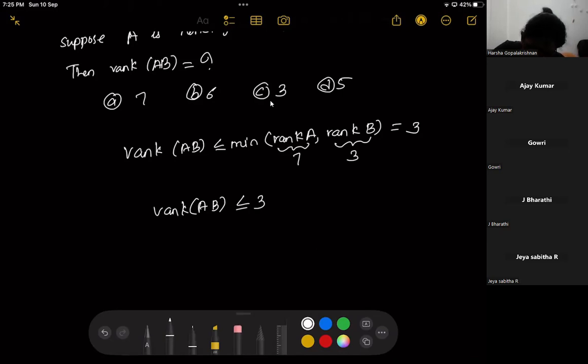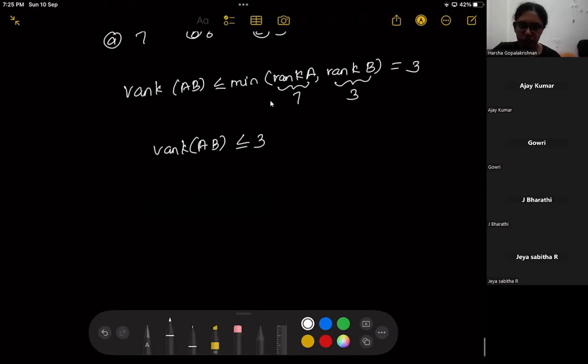How can we prove it? Since A is invertible, I can write B as identity into B, and instead of identity, I am writing A inverse A, since A inverse exists.